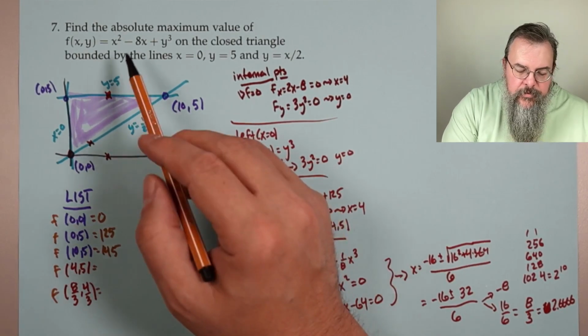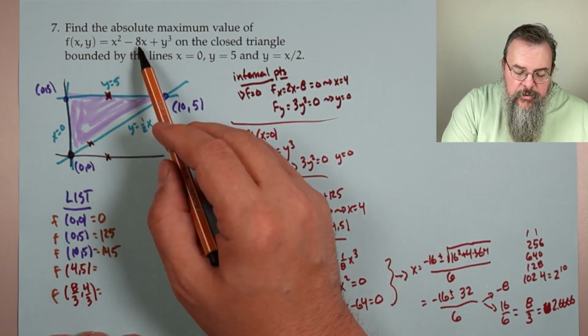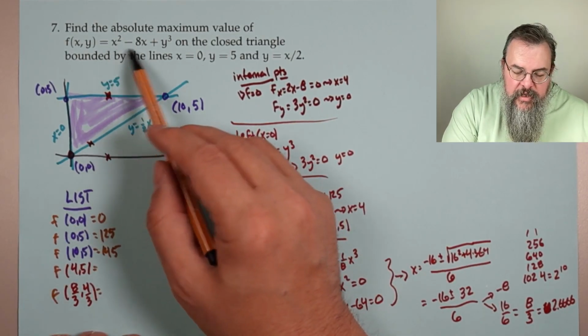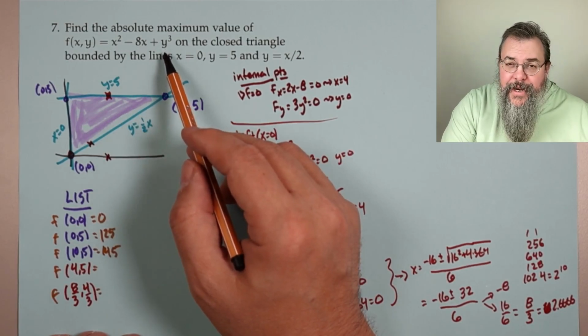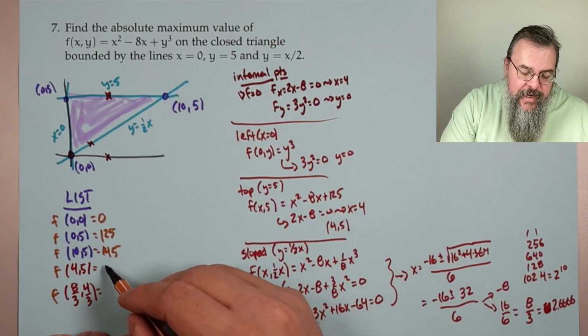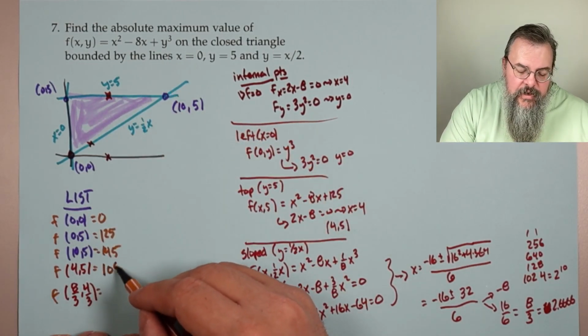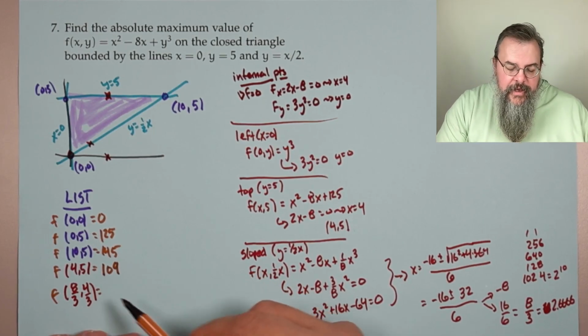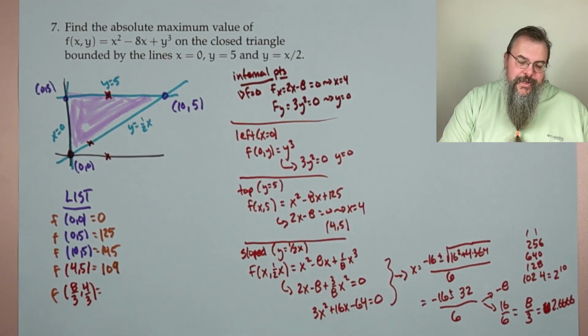Well, you're going to get 16. Subtract 32 is negative 16 plus 125. So 125 subtract 16 is 109. What about 8/3, 4/3?